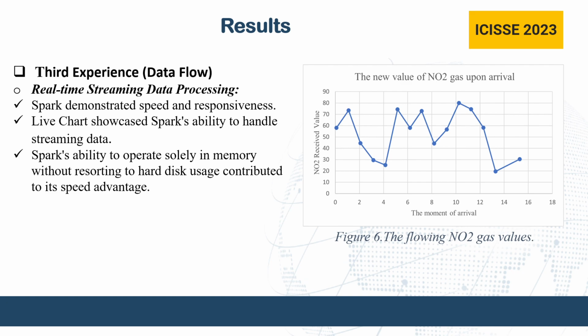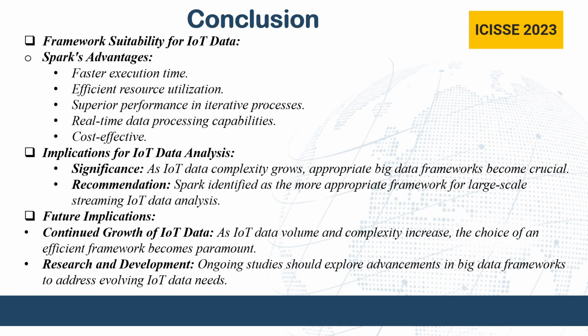This figure shows the following NO2 gas values, the new values of NO2 gas upon arrival. The y-axis is the NO2 received value, and the x-axis is the moment of arrival.